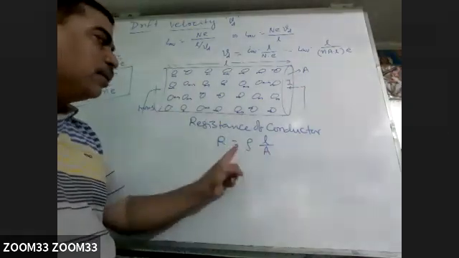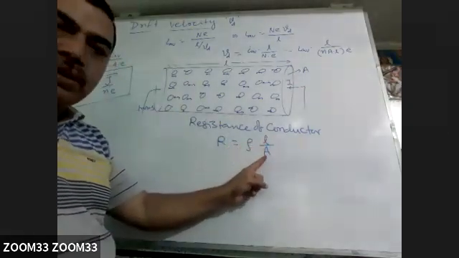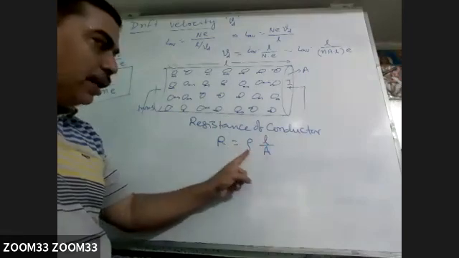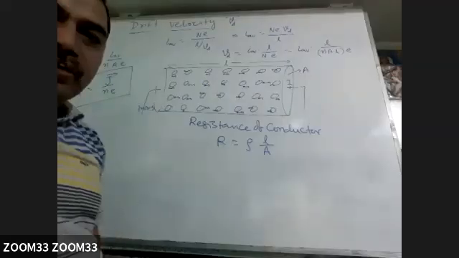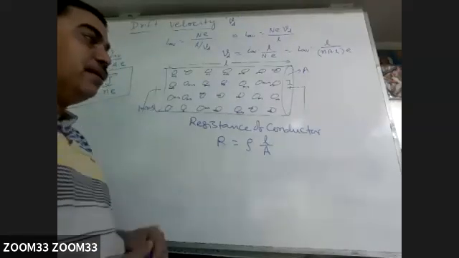That's why it is directly proportional to L, inversely proportional to A, and this we call rho. Resistivity.